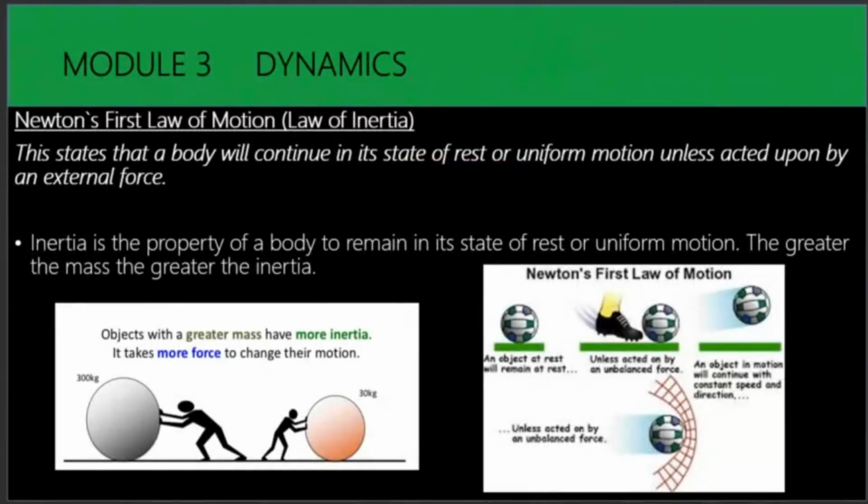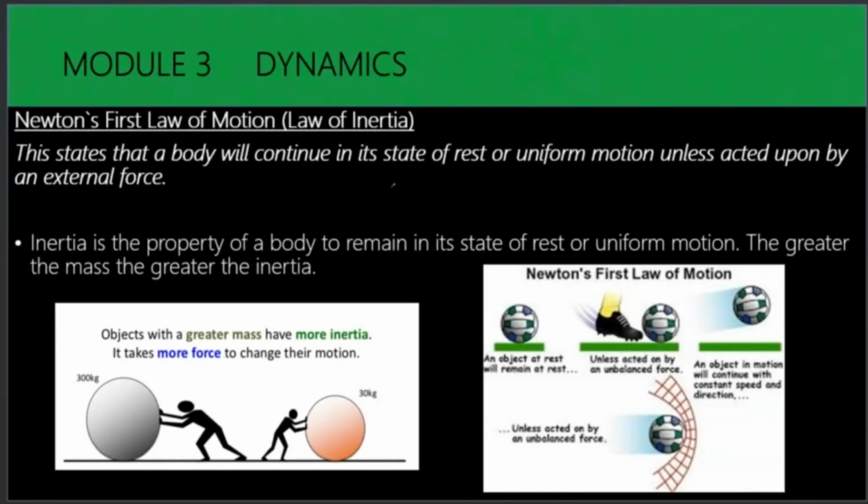So with Newton's first law of motion, you might be asked to state the laws of motion, either the first law, the second law, or the third law. The first law states that a body will continue in a state of rest or uniform motion or uniform acceleration unless acted upon by an external force.